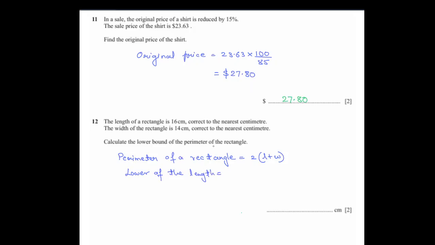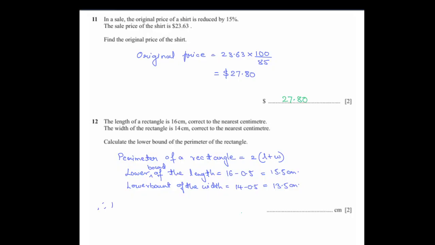is 16 centimeters, subtract 0.5, because it is to the nearest centimeter, so it is 15.5 centimeters. Then we again need to find the lower bound of the width. That will be 14 subtracted by 0.5, we get 13.5.